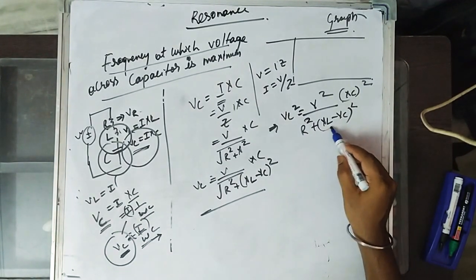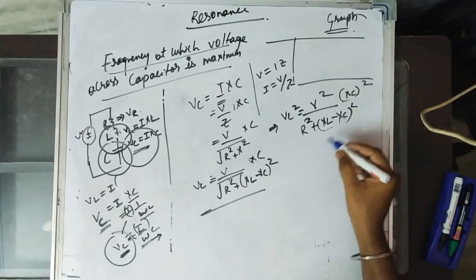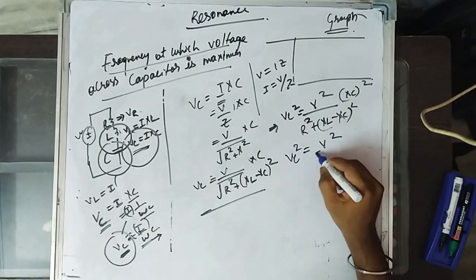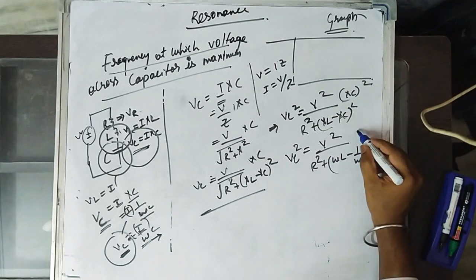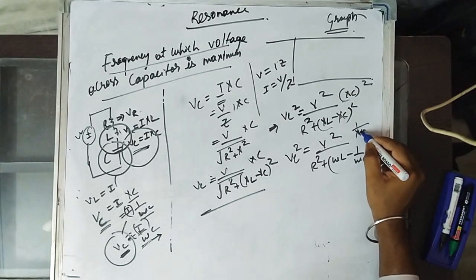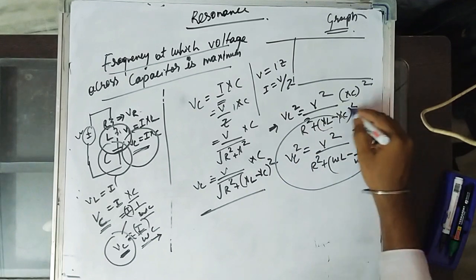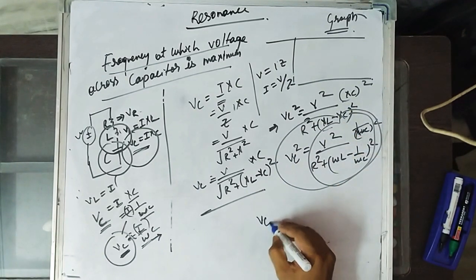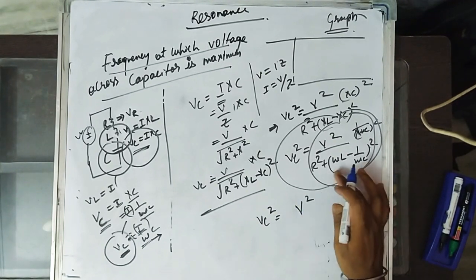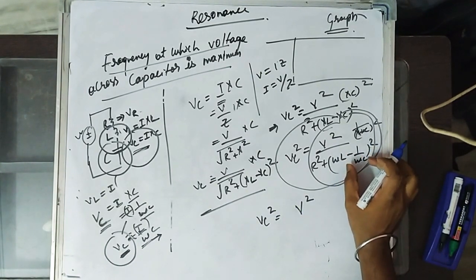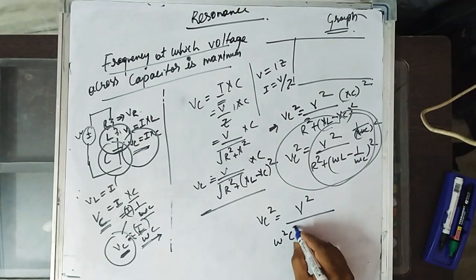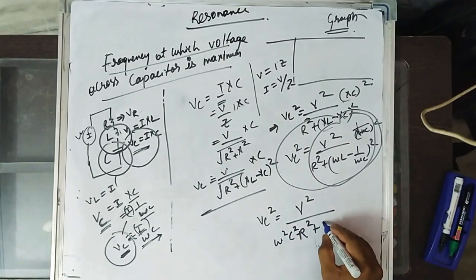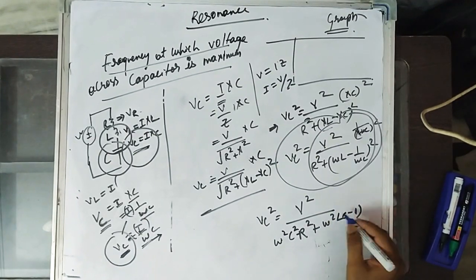We have XL equal to omega L and Xc equal to 1 by omega C. Substituting those values and solving using the a minus b whole square form, ultimately you will get Vc square equal to V square by omega square C square into R square plus omega square LC minus 1 whole square.